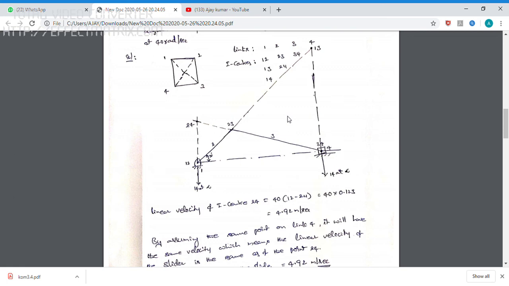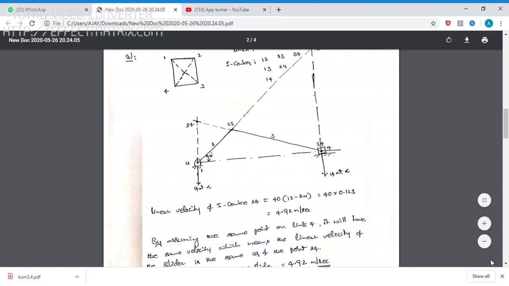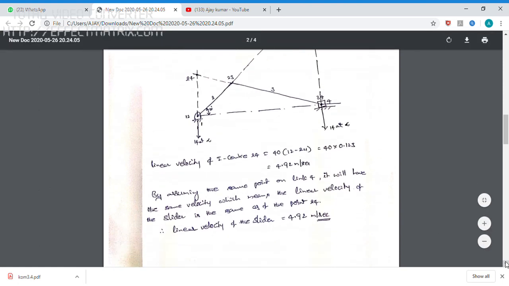Now, how much distance do we obtain in this diagram? Suppose you construct properly, the distance is 0.12. So if you multiply these two, our relative velocity is 4.92 meter per second. That is the 2,4 point. If I observe here, this slider also has one common instantaneous center, that is the 2,4 instantaneous center.